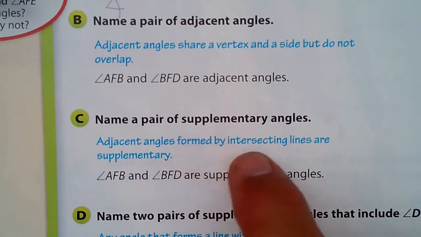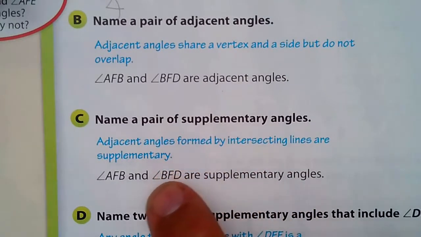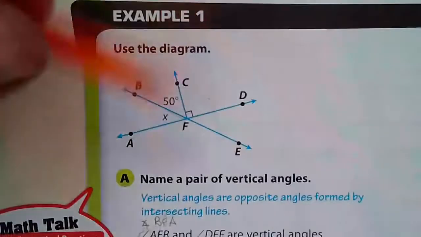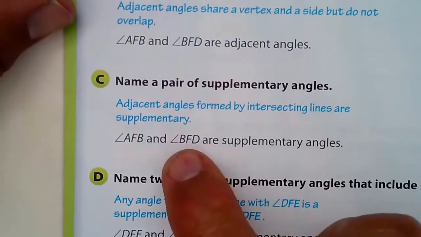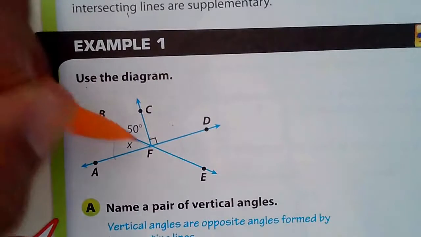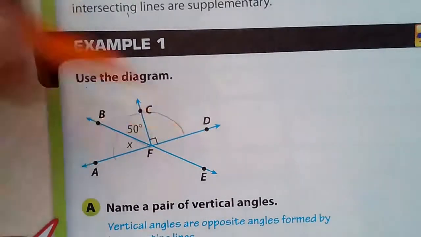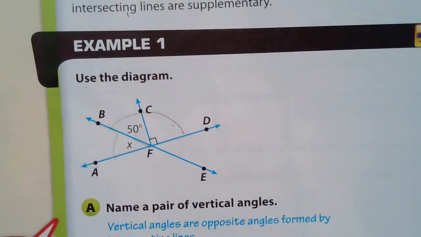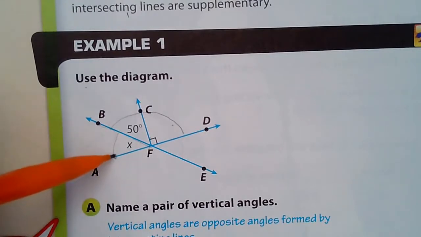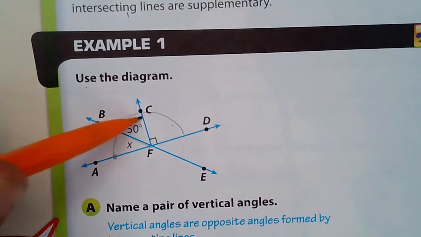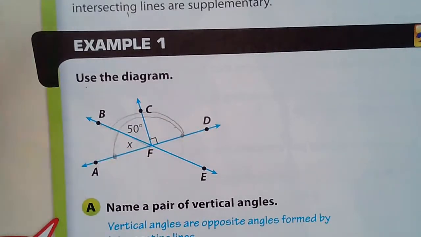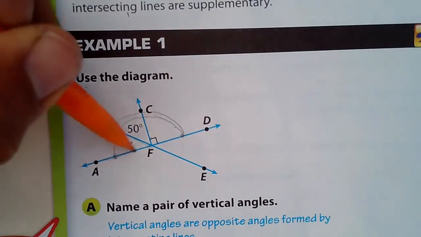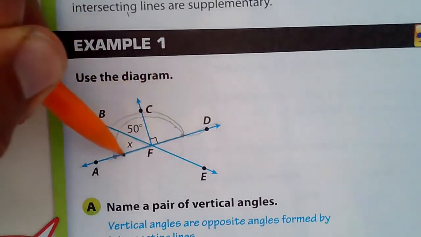Next, we have name a pair of supplementary angles. Okay, they're formed by intersecting lines that are supplementary. So AFB, this angle again, and BFD, right there. And together, as you travel from here all the way to the other side right there, you've gone into this straight line, and every straight line is 180 degrees.